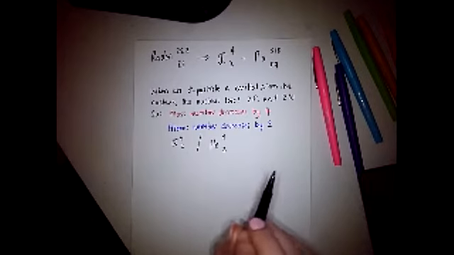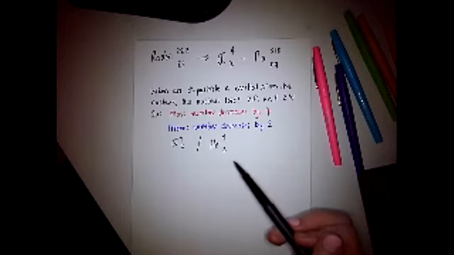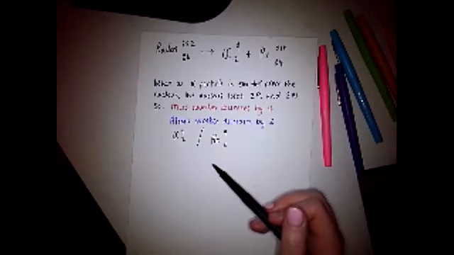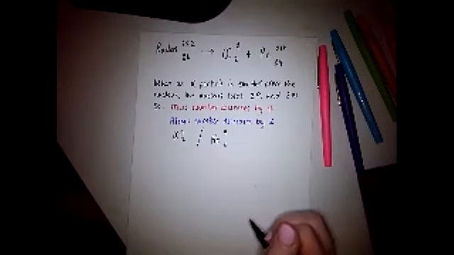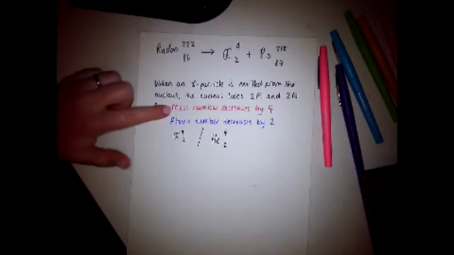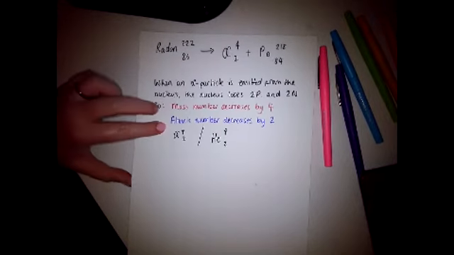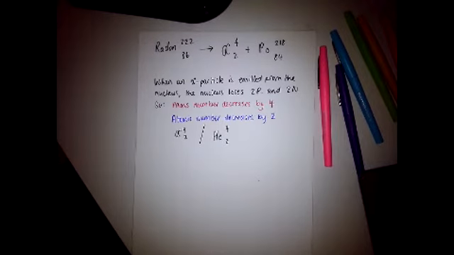But they might do either of those. But whatever they used in the question, you use in your answer, just to make sure that it's consistent. But if they don't give you anything in the question and you can write your own, then just have a go and do it with whichever one that you want. That's absolutely fine. Okay, so the rules every time this happens, the mass number decreases by 4 and the atomic number decreases by 2. It's always the same in every alpha decay equation.